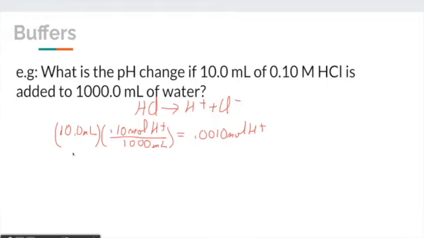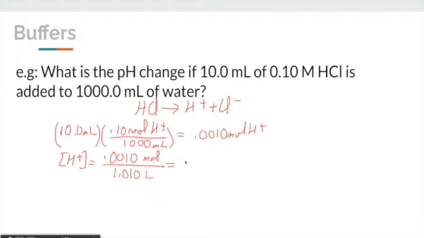So what's the concentration of H+ here? Well, we have 0.0010 moles of H+ in how much volume? Well, we had 1,000 milliliters. We added 10 more, so that's 1,010 milliliters, or 1.01 liters.